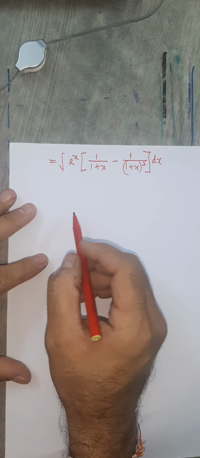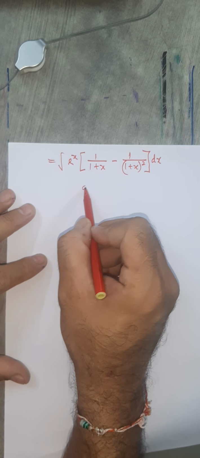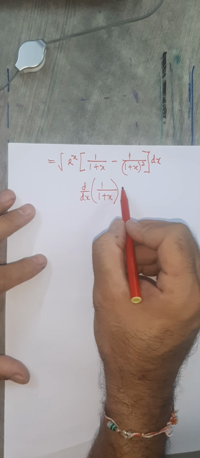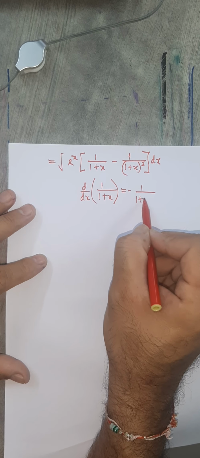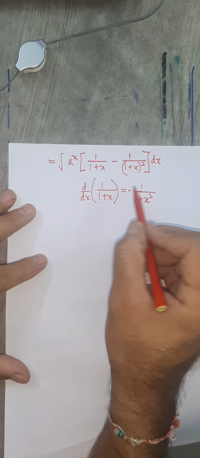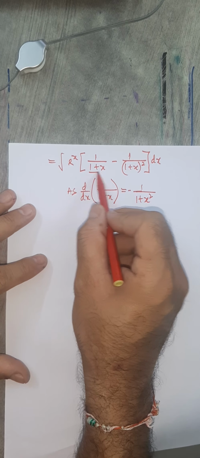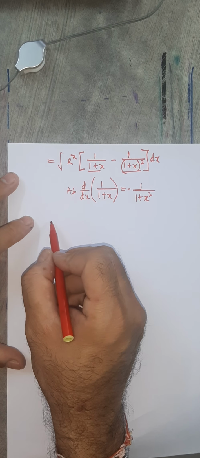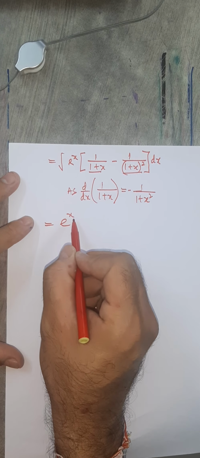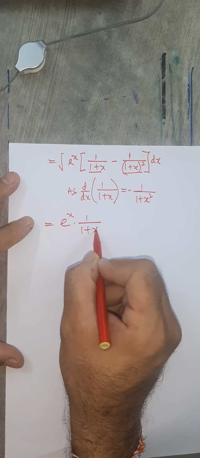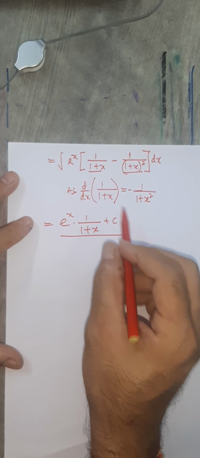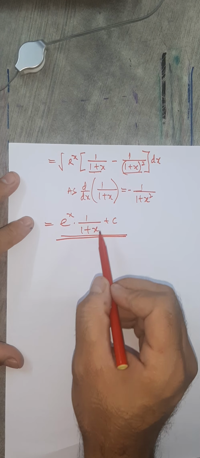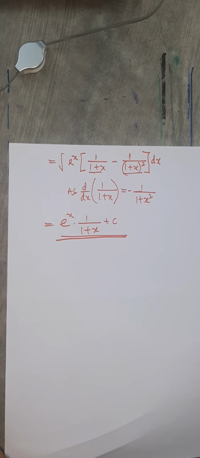Now you know that here d by dx of 1 upon 1 plus x, by chain rule, is exactly minus 1 upon 1 plus x square. This is by chain rule, you know it. So this is f dash. So therefore, what is the required integral? That is e raised to x into f x, that is this one, plus c. F plus this derivative f dash. So e raised to x into f x plus c.